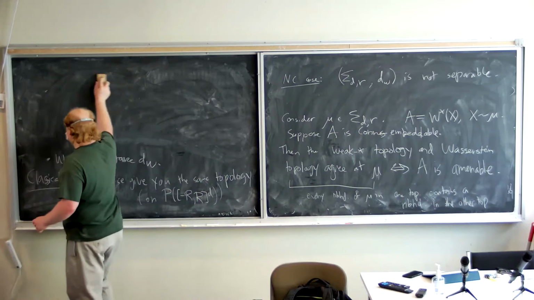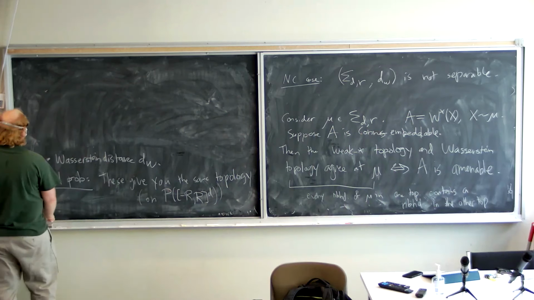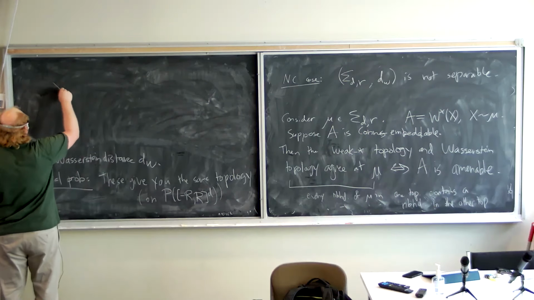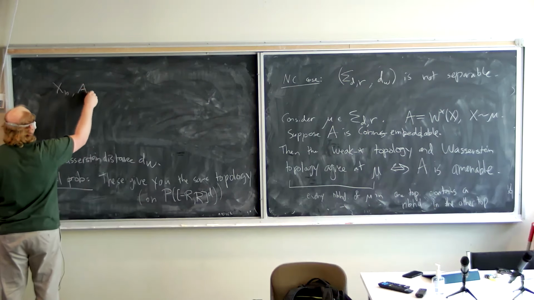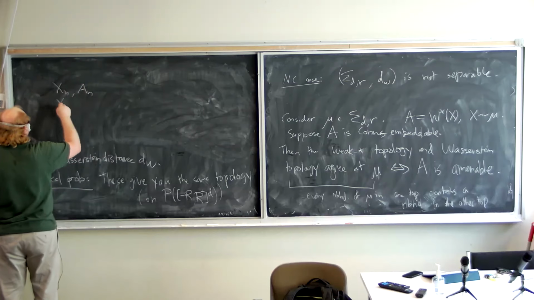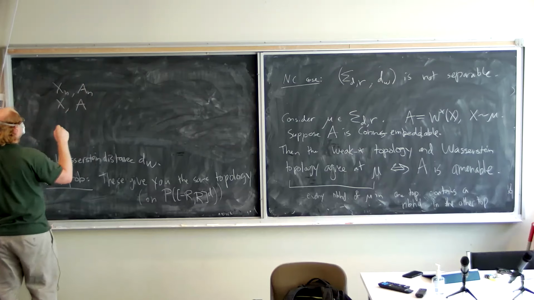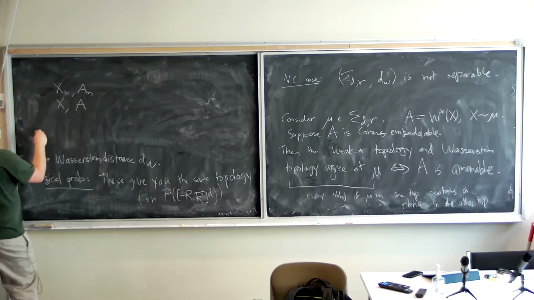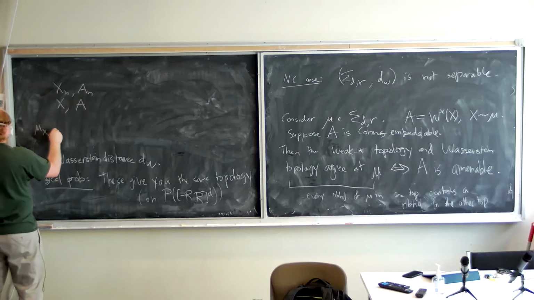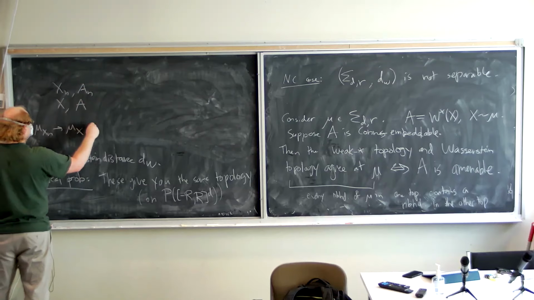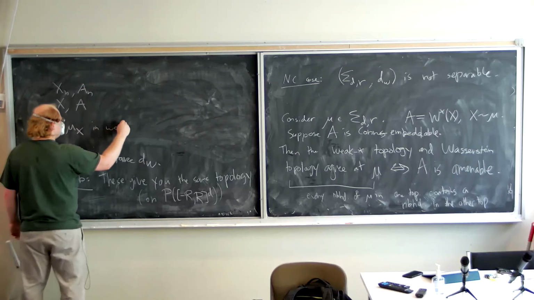All right, so let's say that you have x_n and an x that's coming from A. You want to consider that the non-commutative law of x_n converges to the non-commutative law of x in weak star topology.